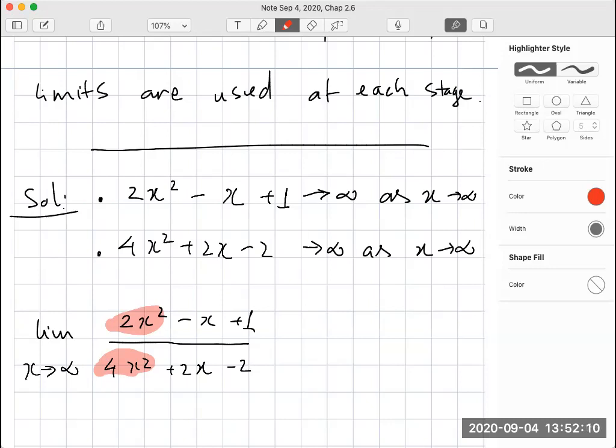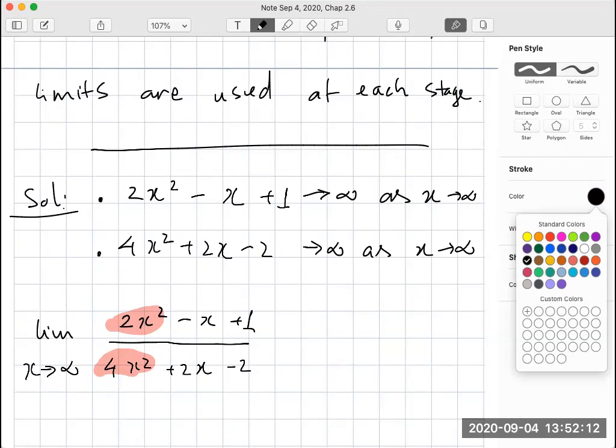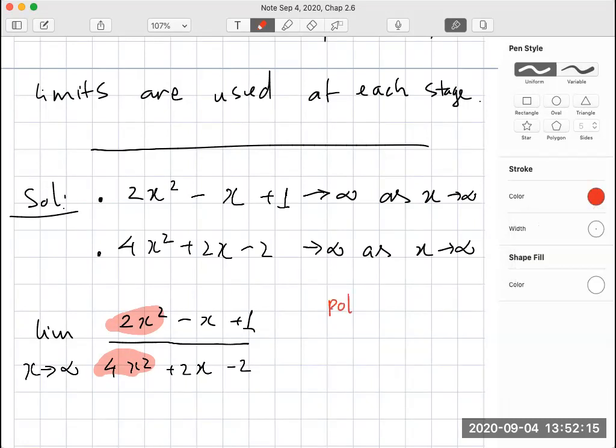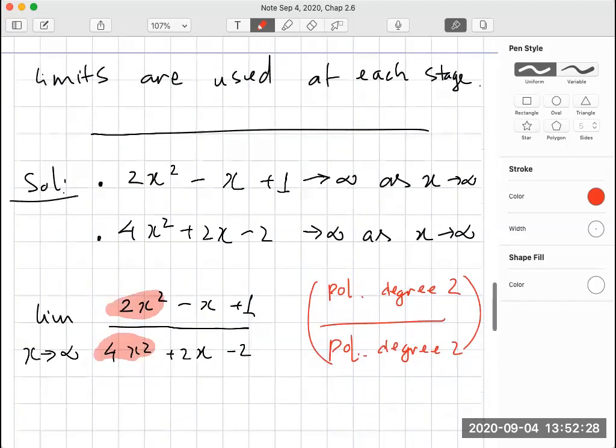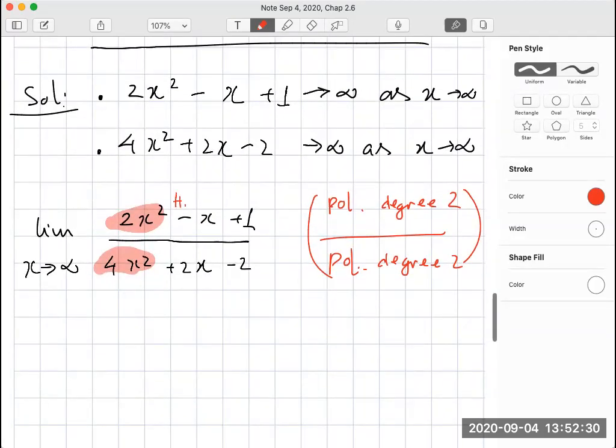So the highest order is 2. Just a note before we do anything: the highest order of the denominator is also 2.